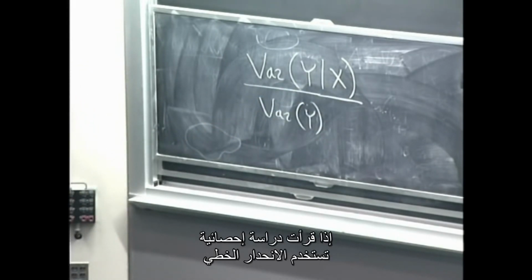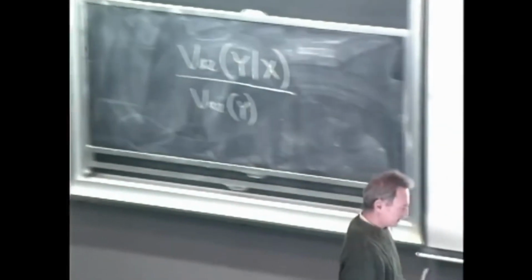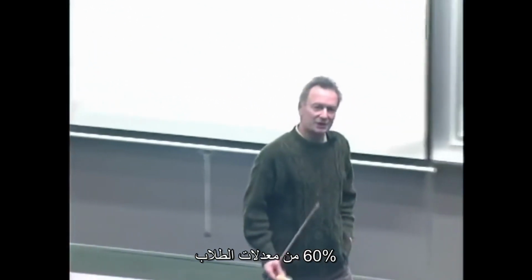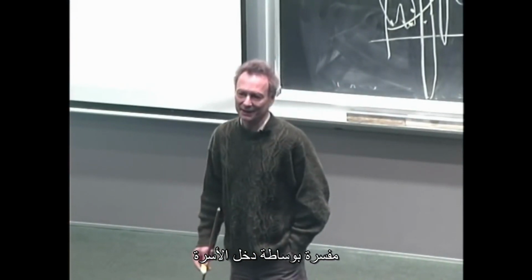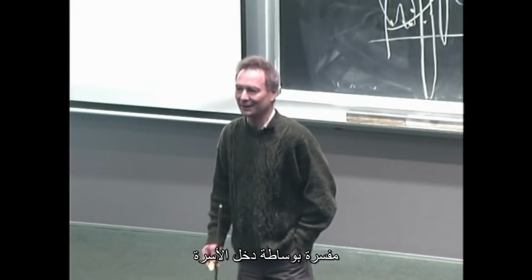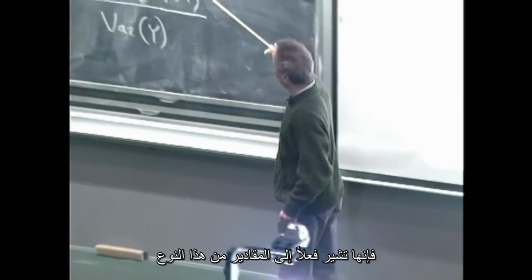So if you read a statistical study that uses linear regression, you might encounter statements of the form: 60% of students' GPA is explained by the family income. If you read statements of this kind, it really refers to quantities of this kind.